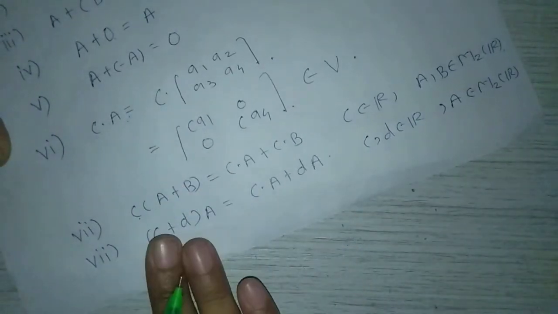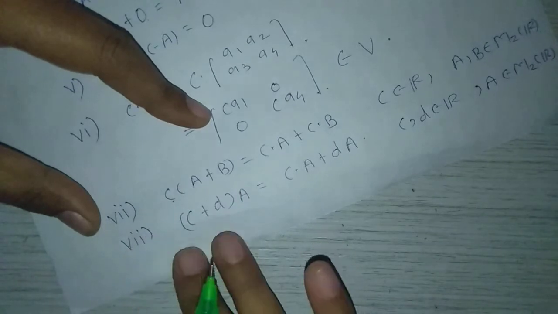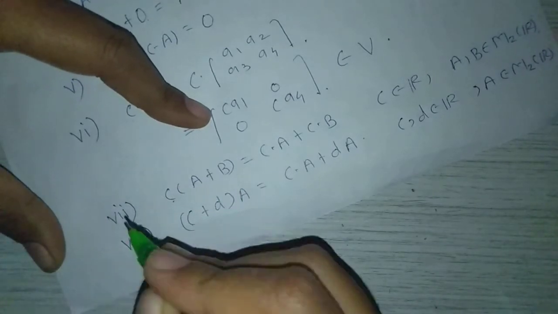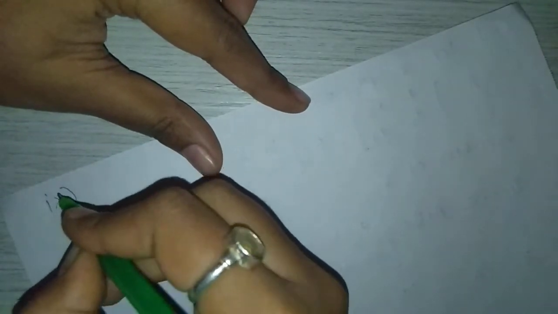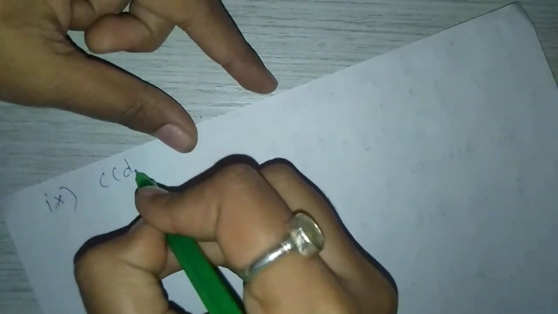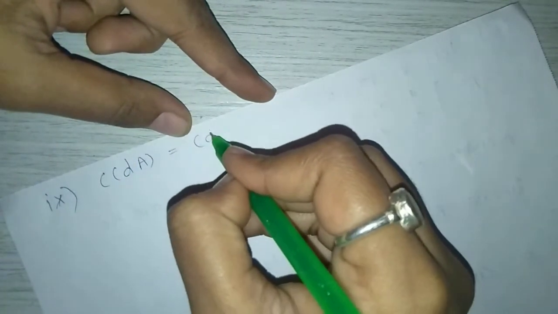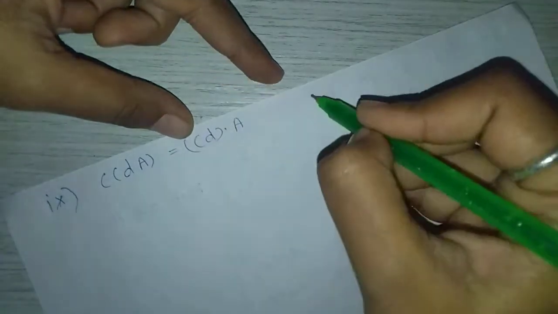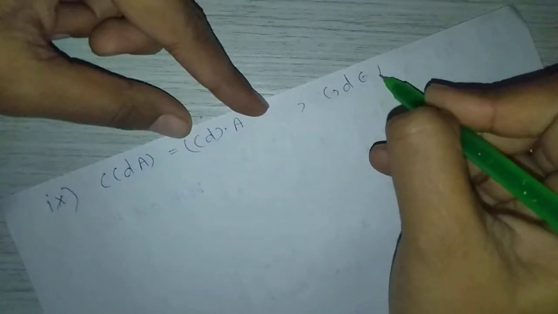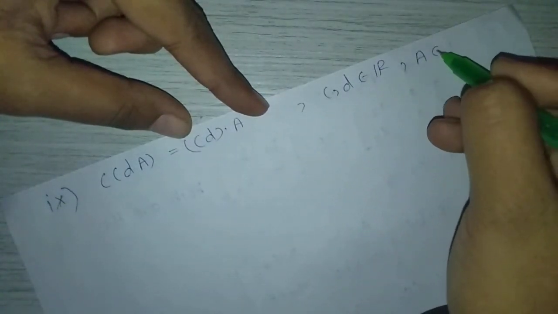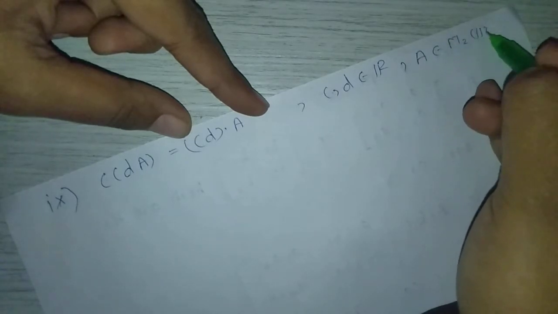This is your exercise to show the distributive axioms. Now next property, also your exercise, is the associative property under multiplication: C into D into A equal to C into D into A, where C and D are scalars, A is the matrix.